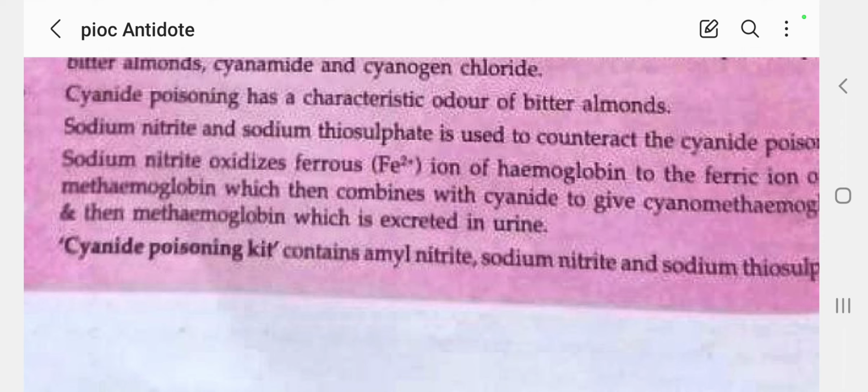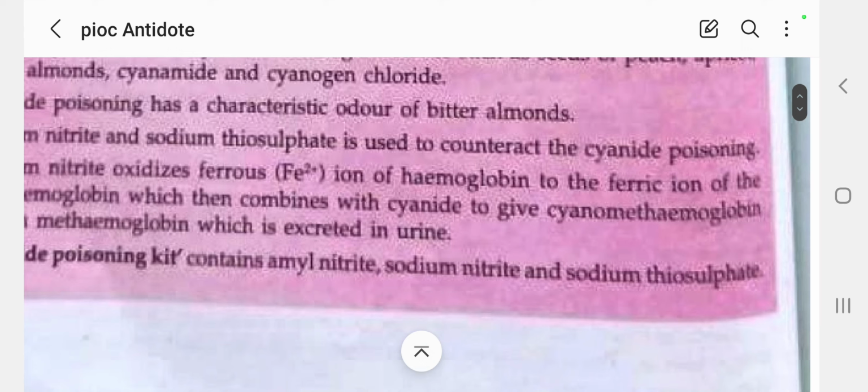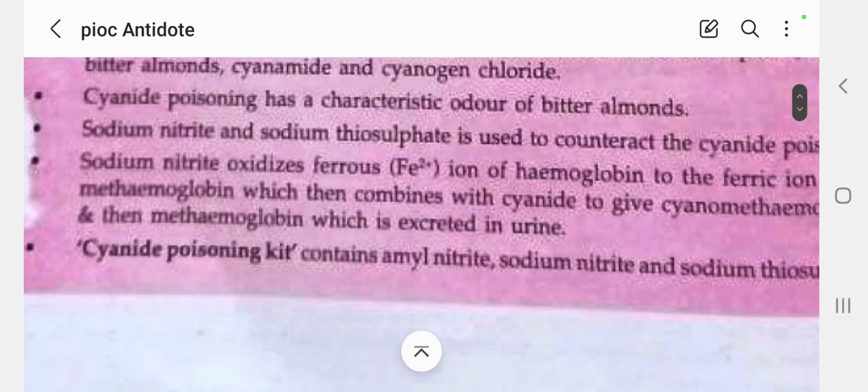So what is the main physiological mechanism? The ferrous ion of hemoglobin, Fe2+, is converted into Fe3+, that is, hemoglobin to methemoglobin, and then this methemoglobin combines with the cyanide in the person with cyanide poisoning to give cyanomethemoglobin, which is excreted in urine.